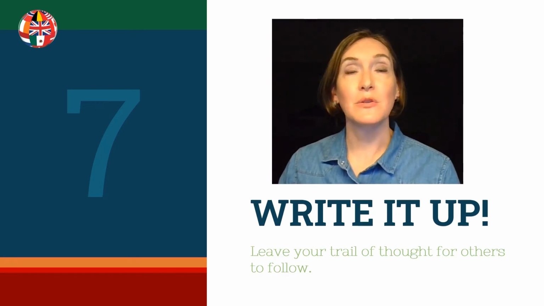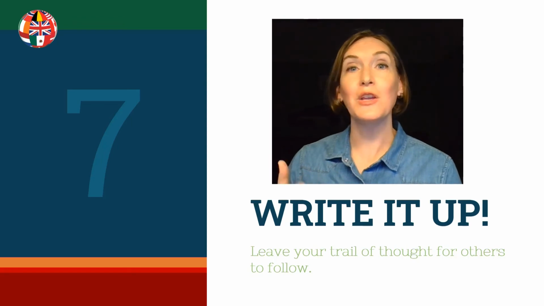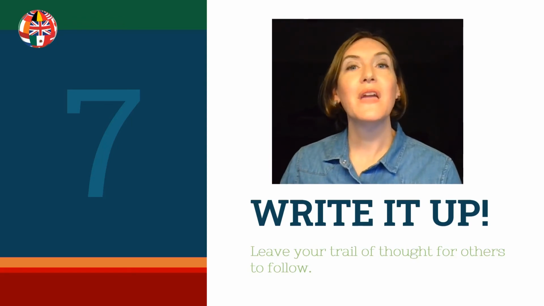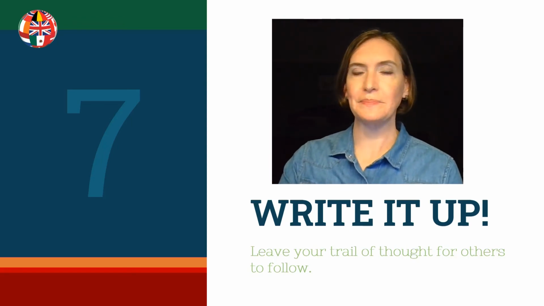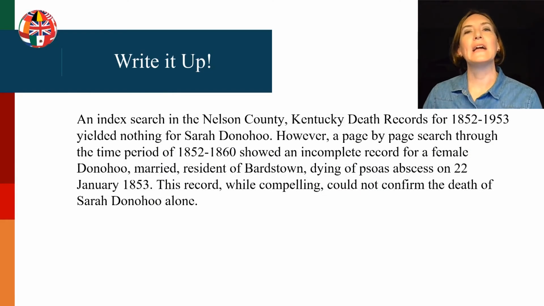And if you have a solution, you need to lead people along your trail of thought so that they know how you reached your conclusion. So let me show you just one example from the death records for Mrs. Donahue to tell you how I wrote this particular one up.